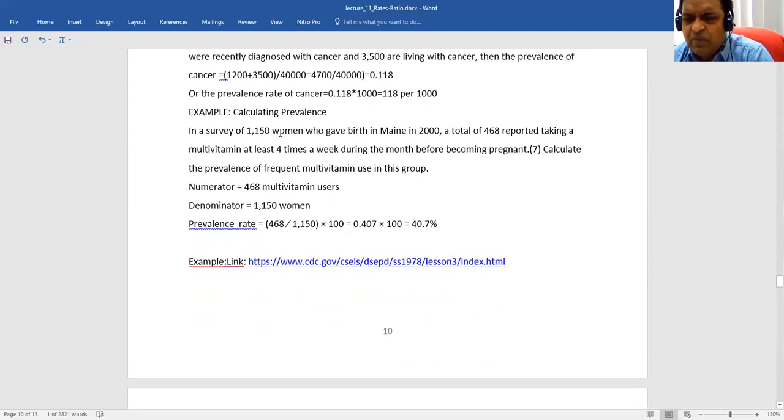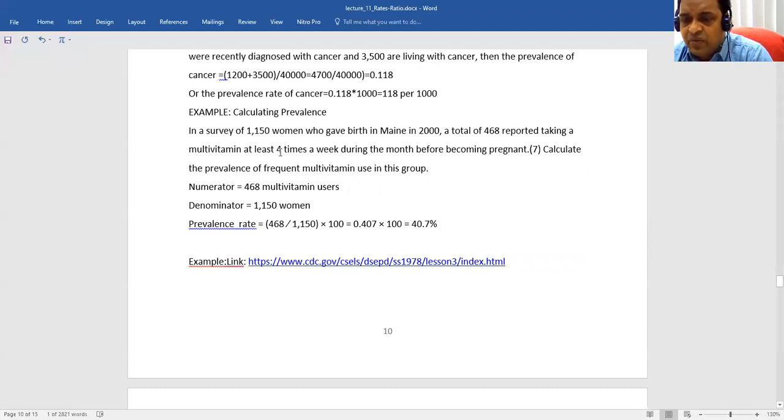In a survey, 1,150 women gave birth in a city in Maine, USA, in 2000, of which 468 women took a multivitamin at least 4 times a week. So during the month of their pregnancy, what is the prevalence rate of taking the multivitamin in that group?